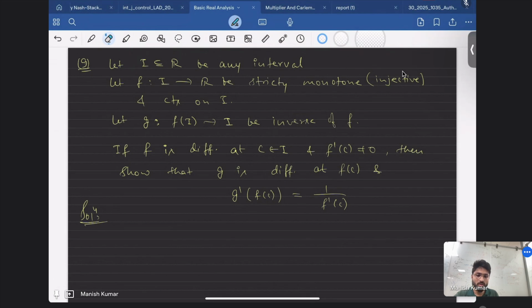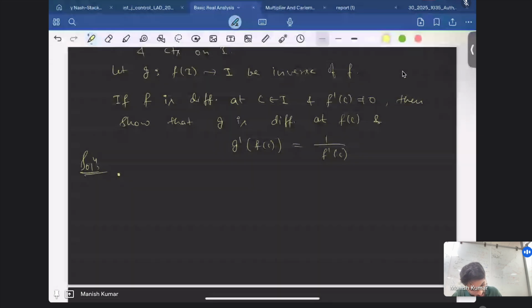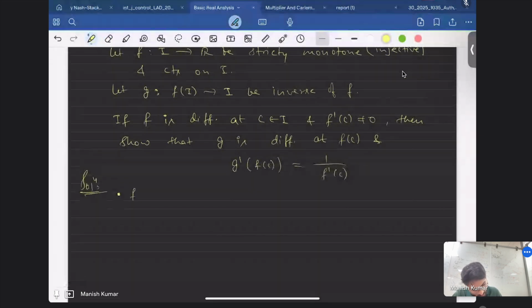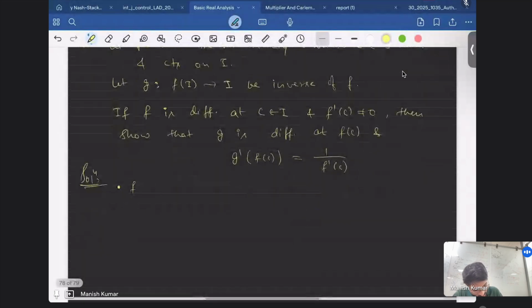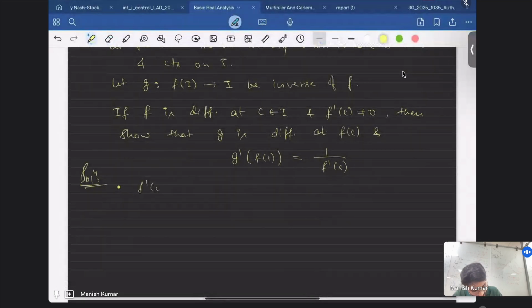okay, so let me write what is given to you. So I know that f is differentiable at c, so that means f prime c is equal to limit x going to c of (f(x) minus f(c)) upon (x minus c).